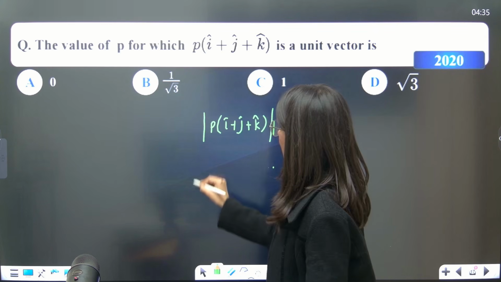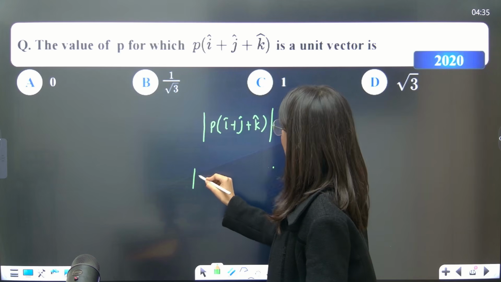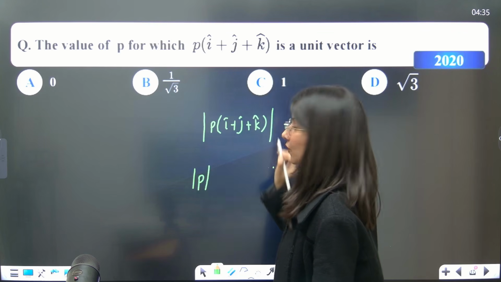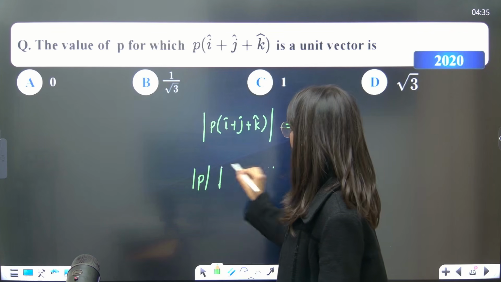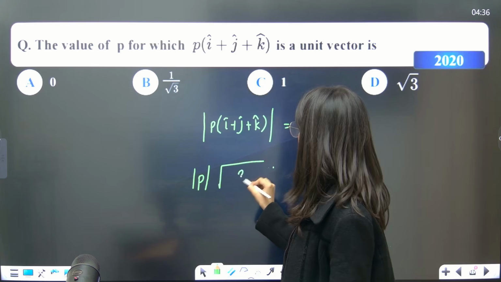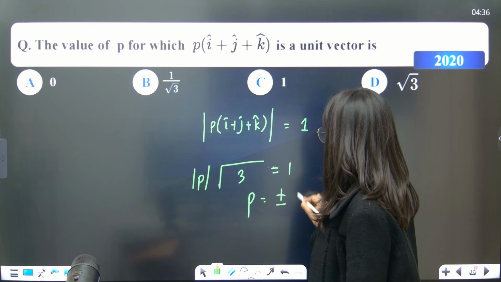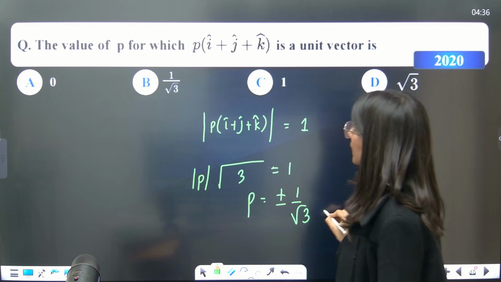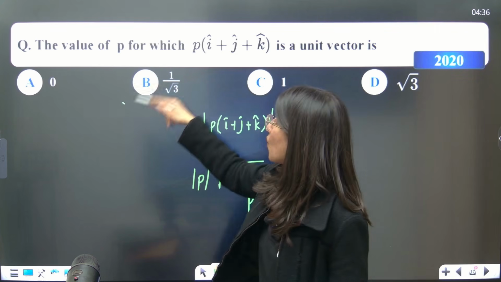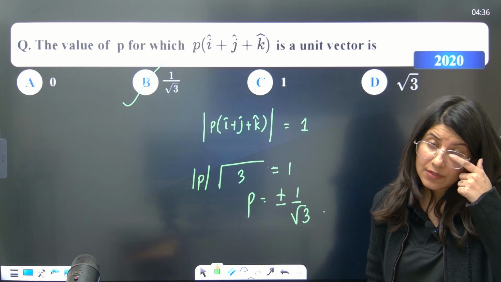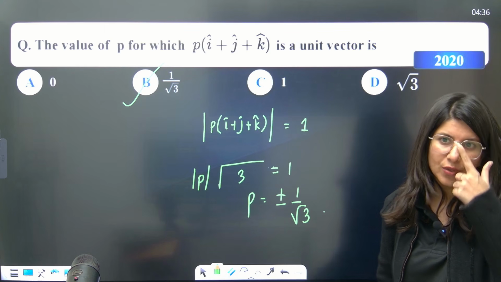Now magnitude of I plus J plus K will be square root of 1 square plus 1 square plus 1 square, which is root 3. So P times root 3 is equal to 1. So P is equal to either plus 1 by root 3 or minus 1 by root 3. So the correct answer is obviously option B, since minus is not given. Option B is the only choice we have.